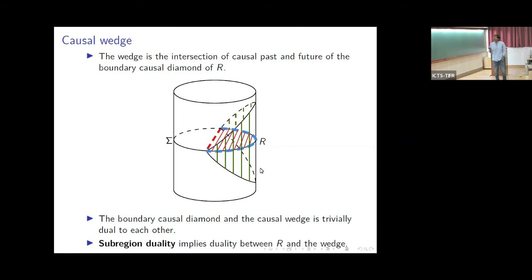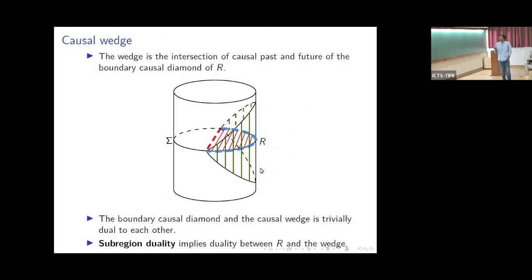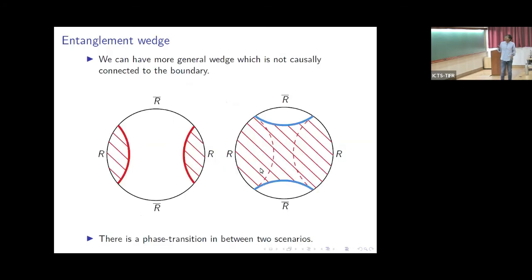So now we can also move to a more general wedge, which is the entanglement wedge. We can take R as a union of two disconnected regions in the boundary. So these are these red lines, the minimal surfaces here, and this is the special part of our causal wedges.